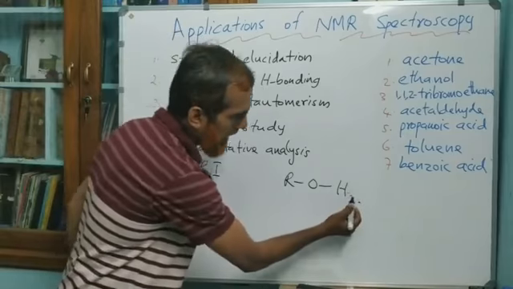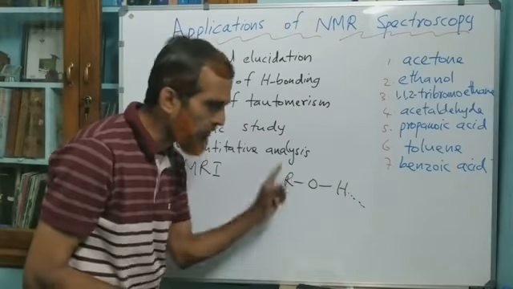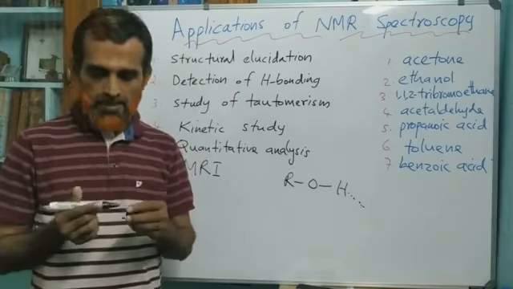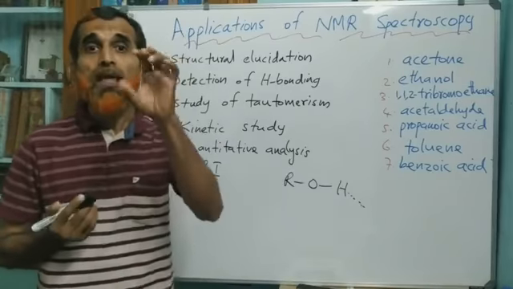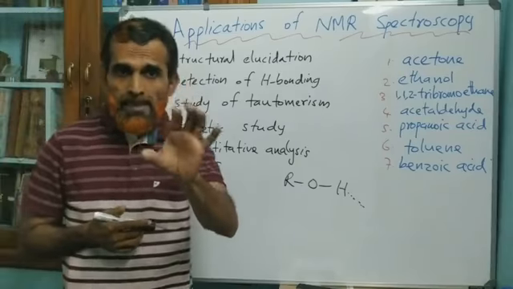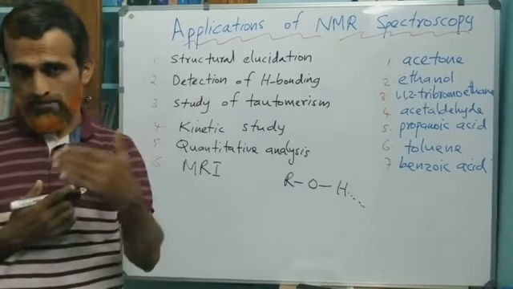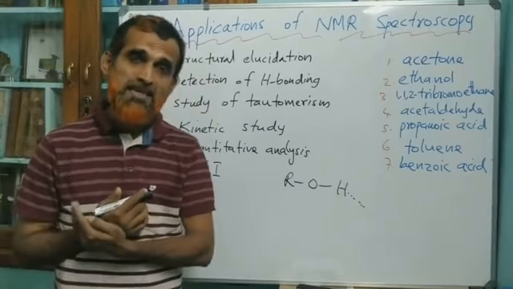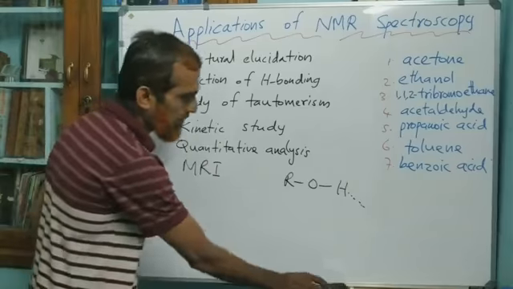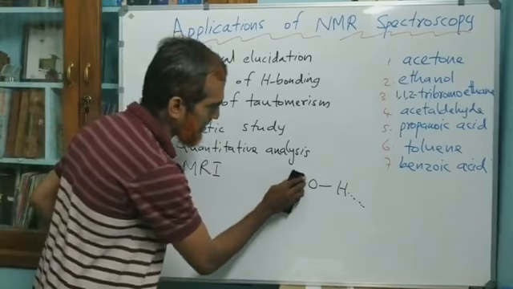Because of the hydrogen bonding, the electron density is reduced around the proton, and that leads to deshielding, or the frequency will increase. So looking at the chemical shift value, we can predict the presence and the extent of hydrogen bonding in a molecule like alcohol, amines, etc.